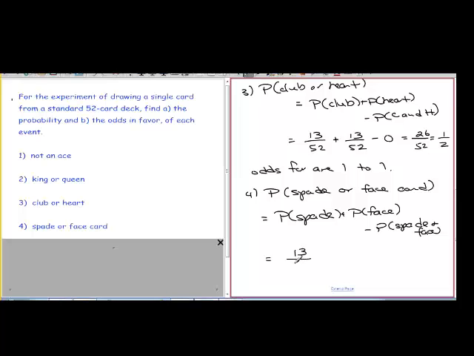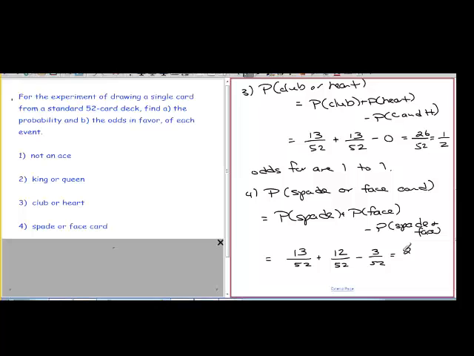So the probability of being a spade is 13 out of 52 because there are 13 spades. The probability of being a face card, there are 12 face cards. That's king, queen, jack, 3 times 4 suits. So you get 12 over 52. And then you subtract the number of spade face cards, which are 3. 3 out of 52. There's the jack of spades, the queen of spades, and the king of spades.